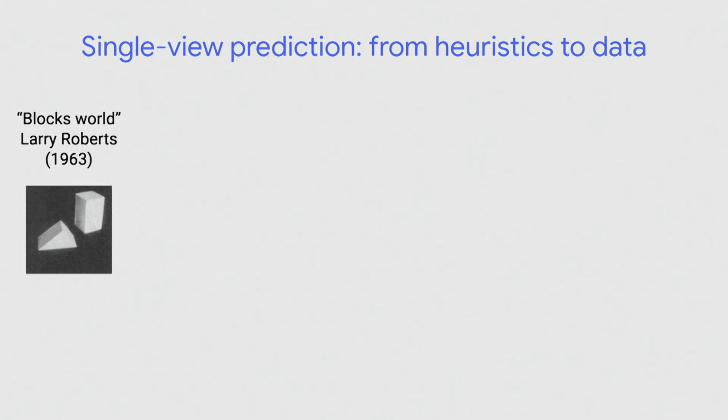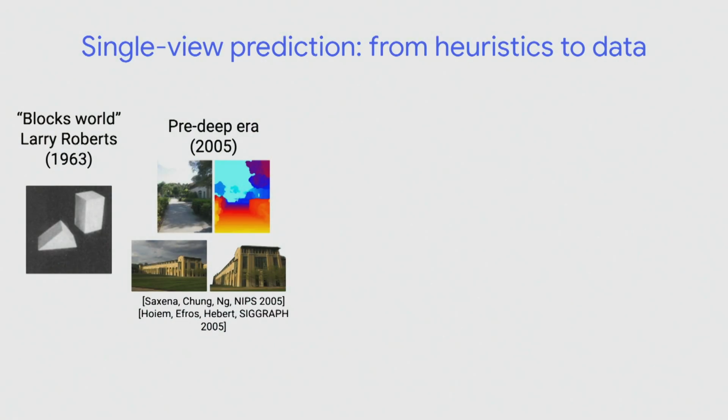And this is obviously limited. So in the years following that work, people tried to expand the heuristics that you could apply. They expanded how you might fit shapes to photographs, might find vanishing points, this sort of thing. None of this ever really worked all that well, to be honest.